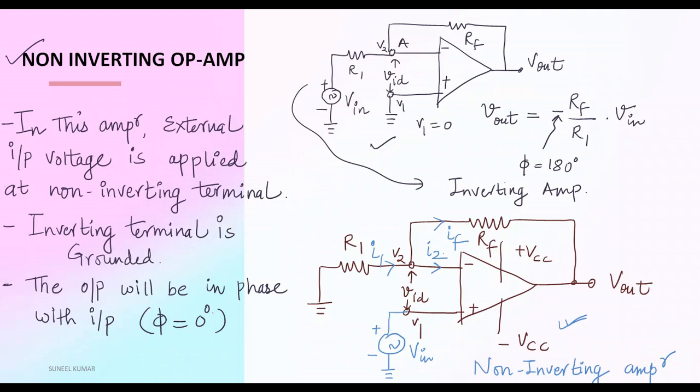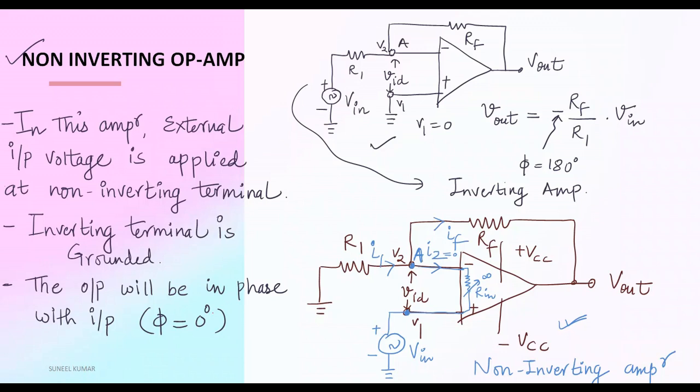That means this I2 current will be 0, because this resistance is infinite. This is called input resistance. This input resistance is infinite, meaning the V1 terminal and this V2 terminal are isolated. That means there will be no current, neither in this terminal nor in this terminal. Let's say this point is A.